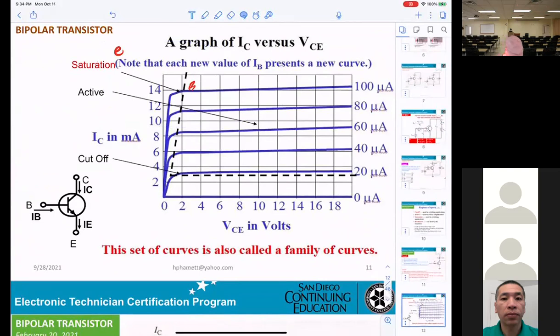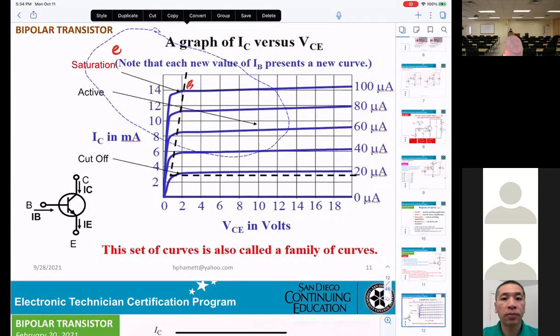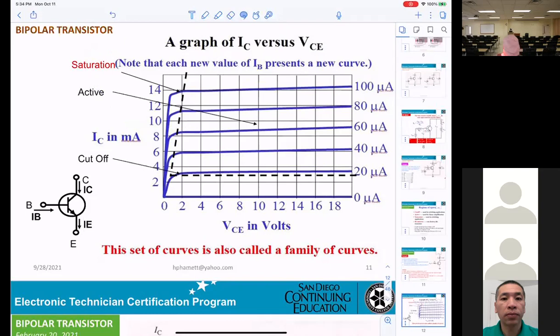Now the DC load line. This is what they call the DC load line.